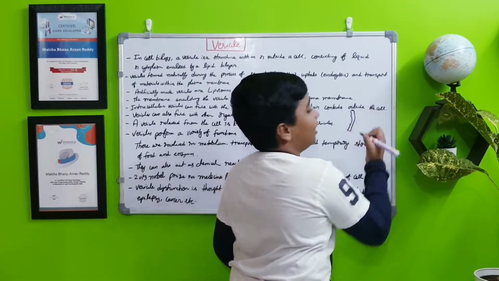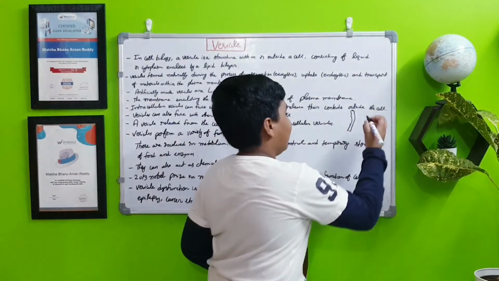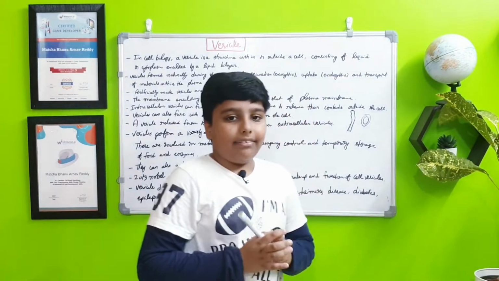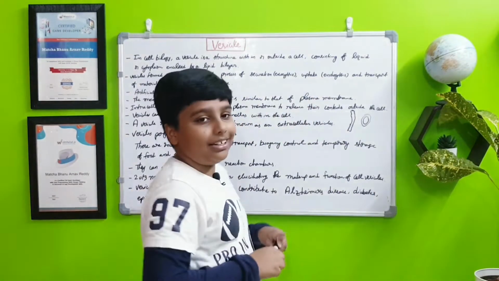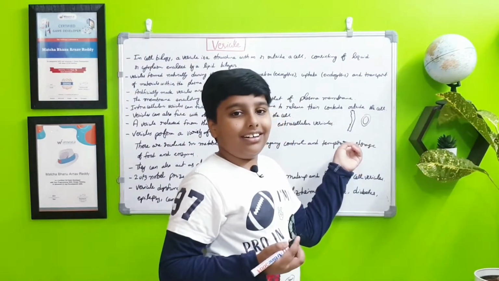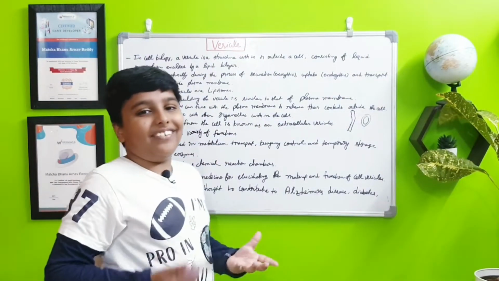So this is the normal cell membrane. It will become like this, and the cell membrane piece outside in the extracellular space is now the vesicle. This is the new extracellular vesicle.